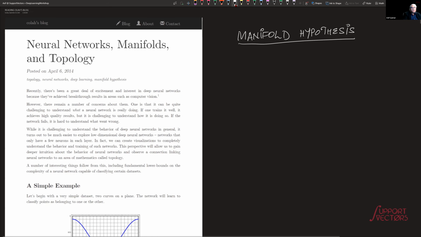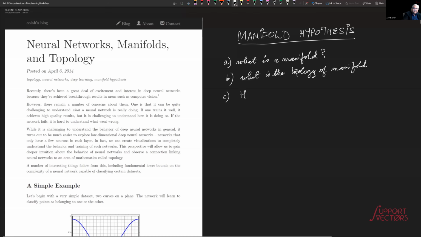But before we do that, let's try to understand a few things. A, what is a manifold? B, what is a topology? When we say topology of a manifold, what do we mean? And then C, we'll talk about things like homeomorphism and diffeomorphism.